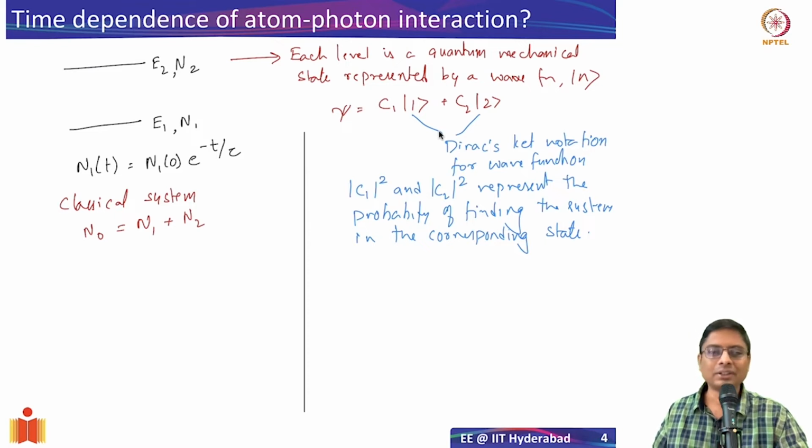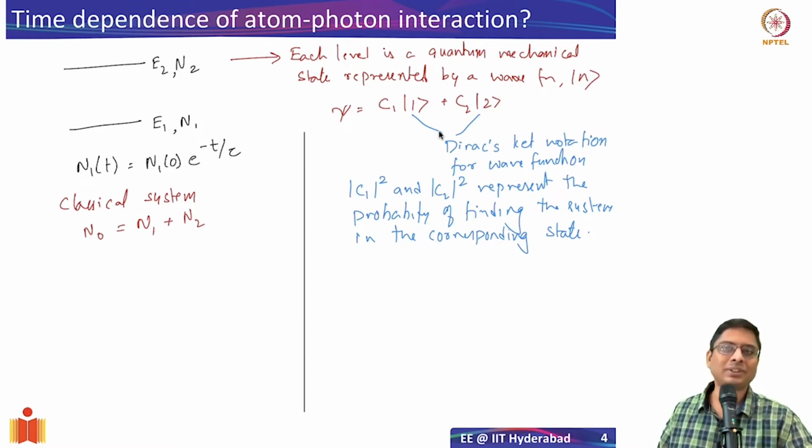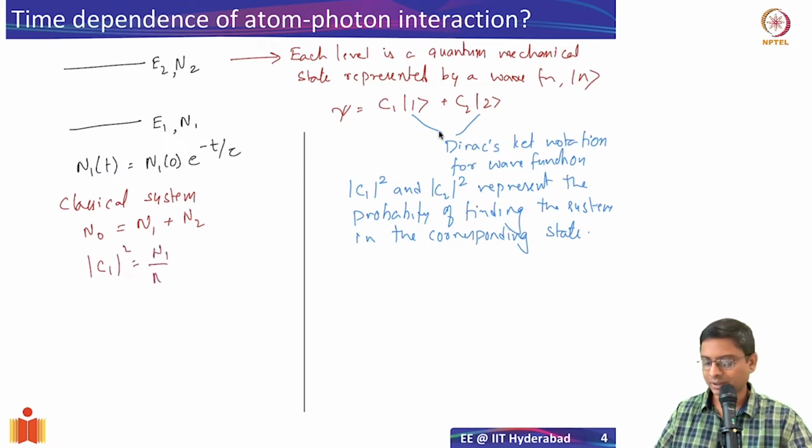Okay. So what is the probability of finding an atom in the n1 state or first state? So C1 square, in this case of a classical system, will simply be n1 by n0. Similarly, the probability of finding a system in the excited state is going to be n2 by n0.